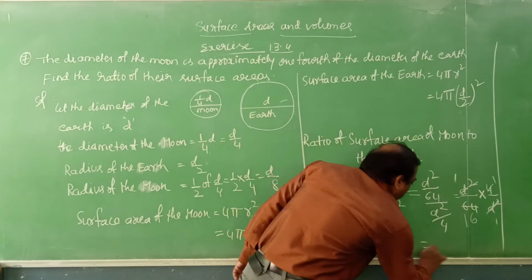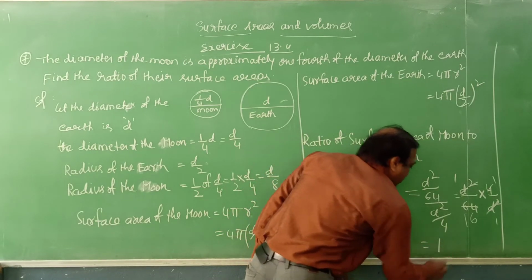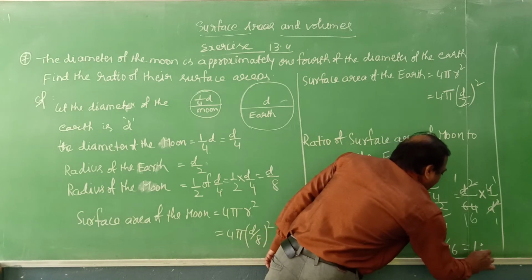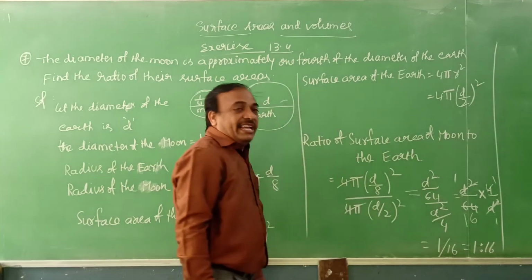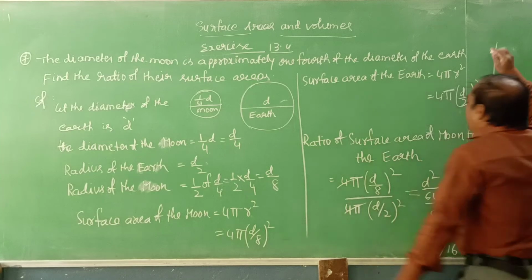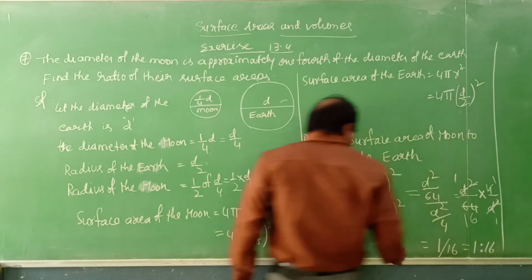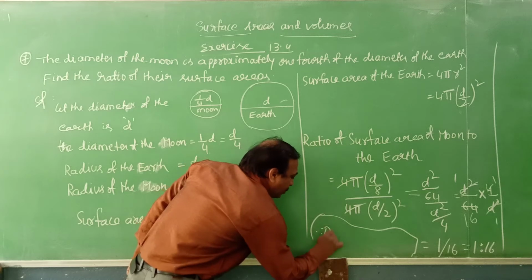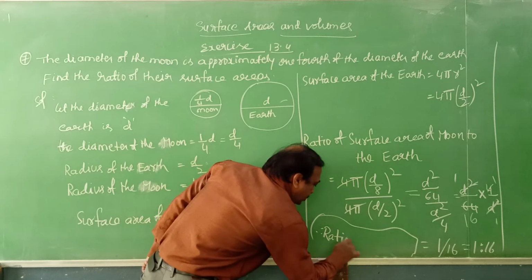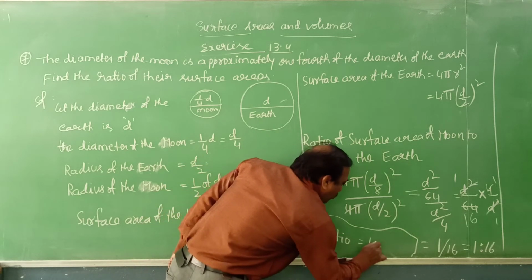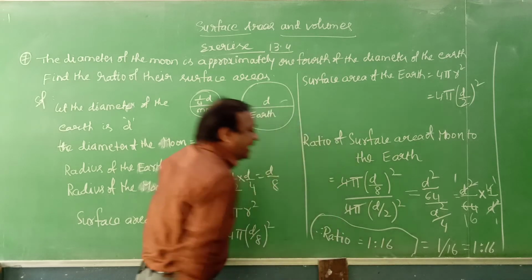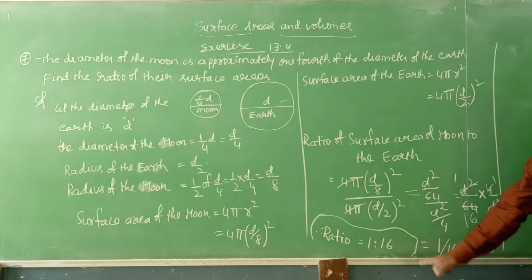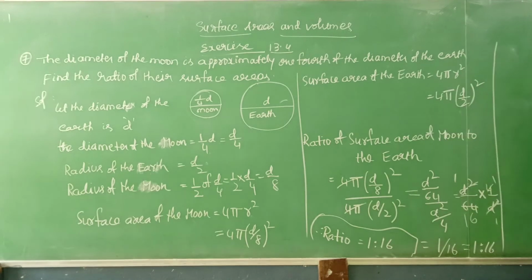So finally you got 1 by 16, which equals 1 is to 16. We are finding the ratio. Therefore the ratio of the surface area of the moon to the surface area of the earth is 1 is to 16.